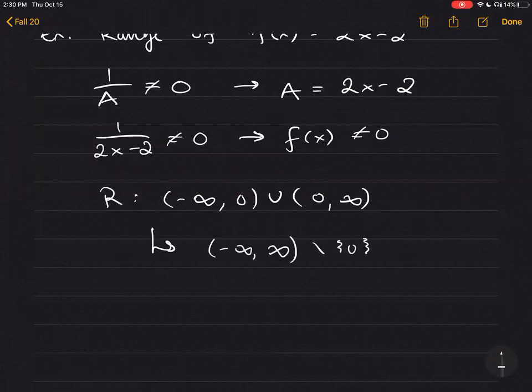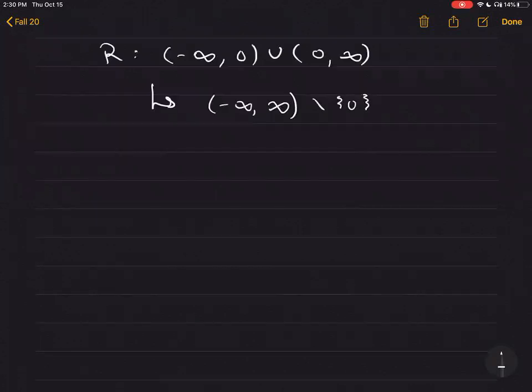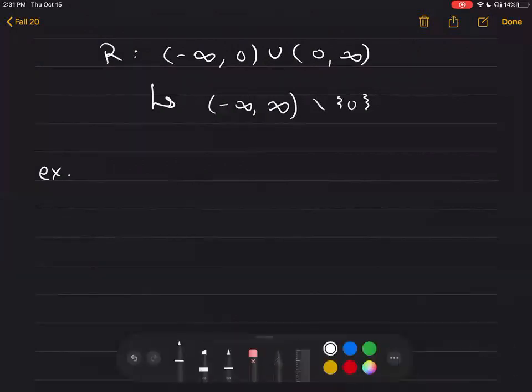All right. But again, you might be wondering, how do we look at the range of piecewise functions? Actually, the rule is the same. I'll just write down the rule because it's the same as looking for the domain.